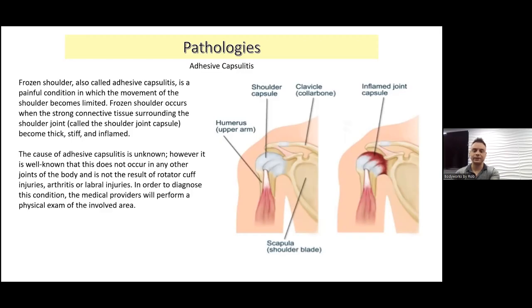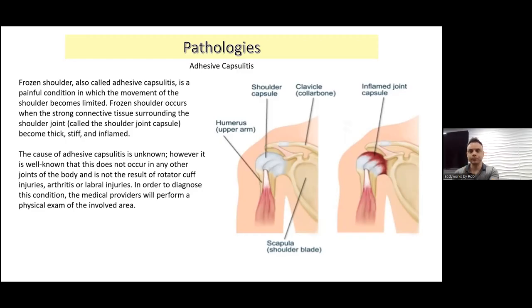Without getting into too much detail, some basic instances of adhesive capsulitis could be, well, sometimes it's just idiopathic, meaning there's no real known onset. Sometimes they call it 40-year-old shoulder. One day your shoulder's stuck, and there you go, it's a frozen shoulder.